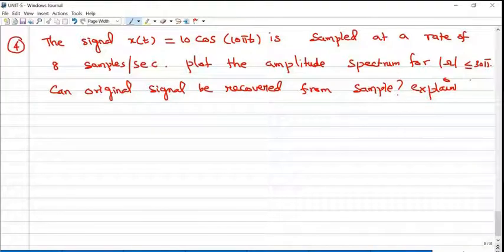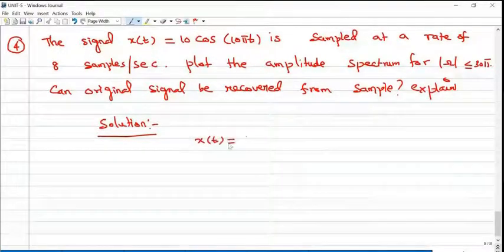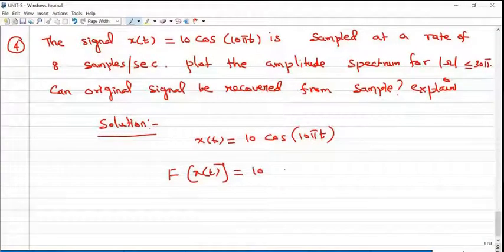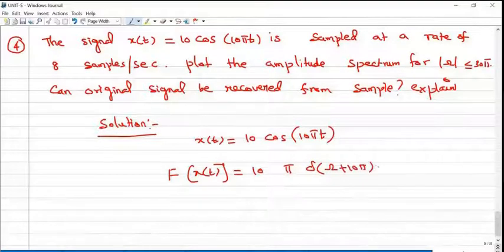The spectrum is available from minus infinity to infinity, so we cannot draw all of it. We have to draw from minus 35 to plus 35, right? So how to proceed with this solution? Remember the continuous time Fourier transform of cos omega naught t and sin omega naught t in unit 3. So x of t equal to 10 cos 10 pi t. The Fourier transform of x of t equal to 10 pi delta of omega plus 10 pi, plus delta of omega minus 10 pi.